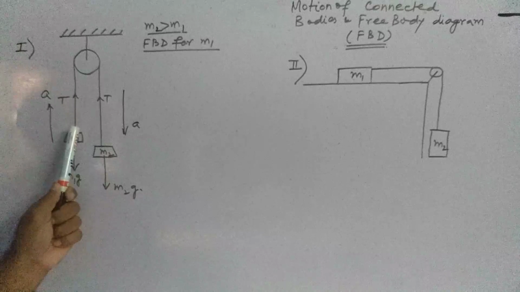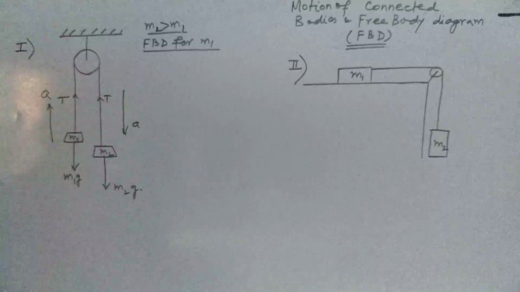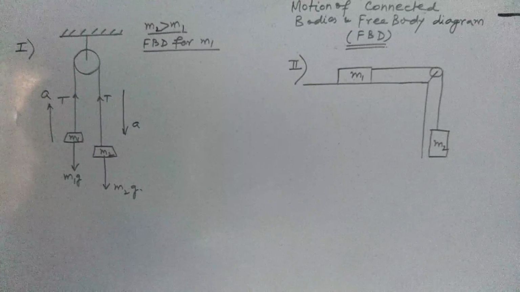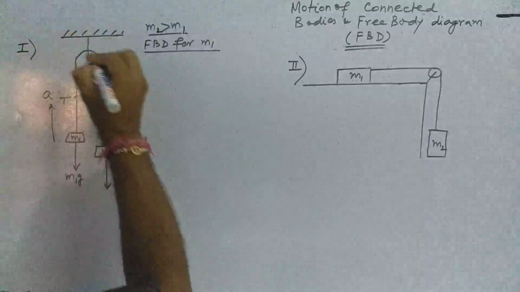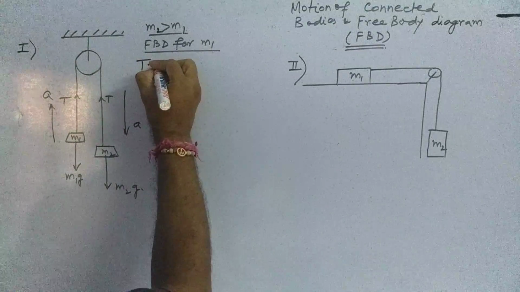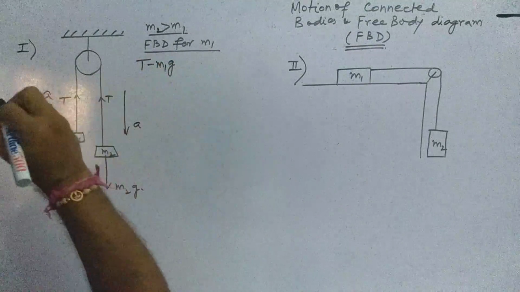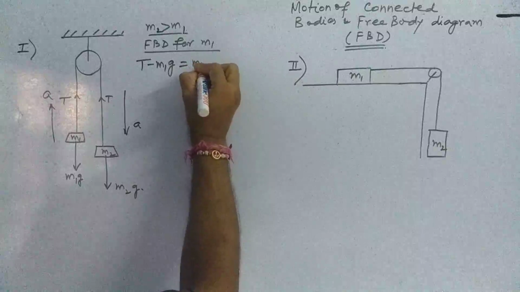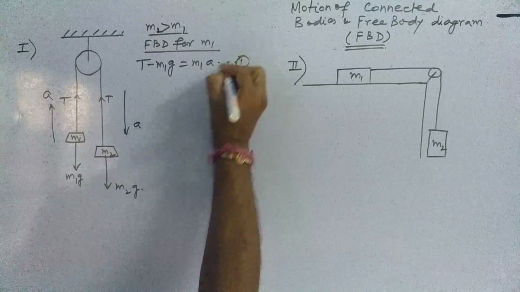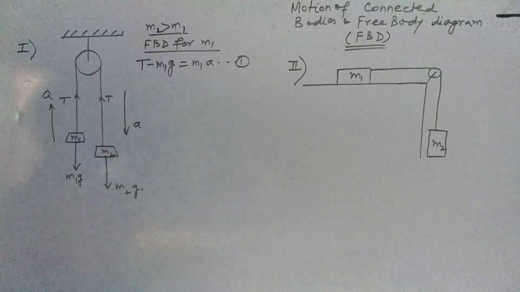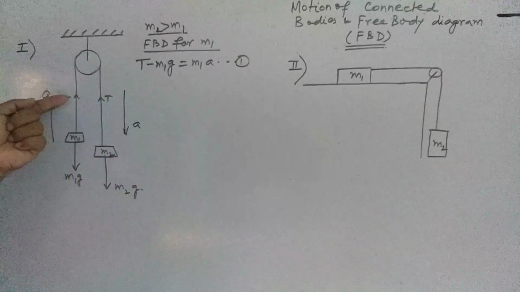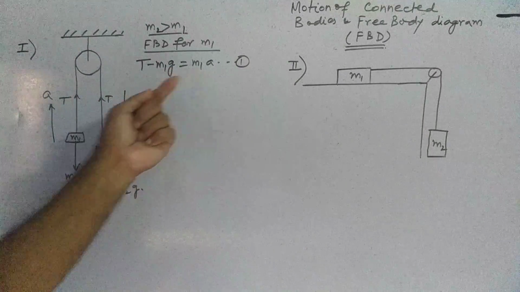M1G downward, T upward, because tension is always acting towards the fixed point. So I can write, it is going up. So unbalanced force is T minus M1G upward. That is equal to M1A. I write it equation 1, because we have to refer to the equation. T minus M1G should be equal to M1A.